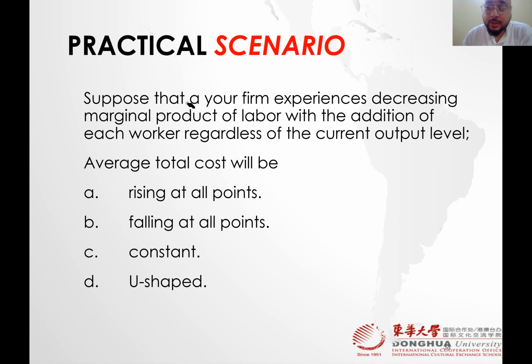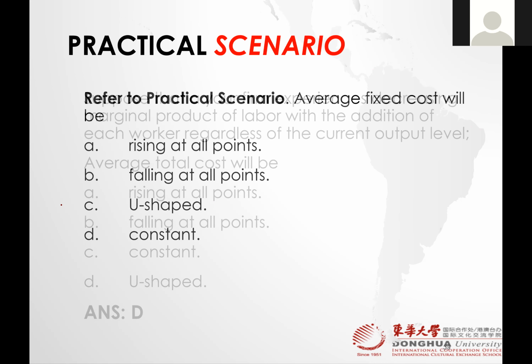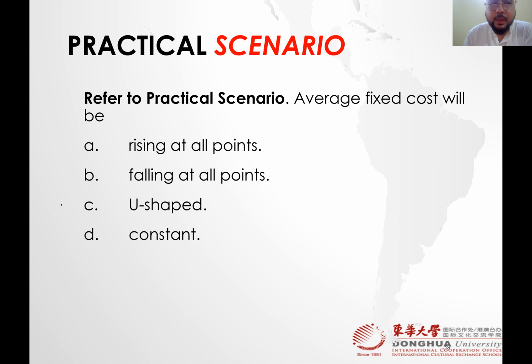So average total cost would be always U-shaped. Well done. Now refer to the practical scenario. Average fixed cost would be also falling at all points. Well done.